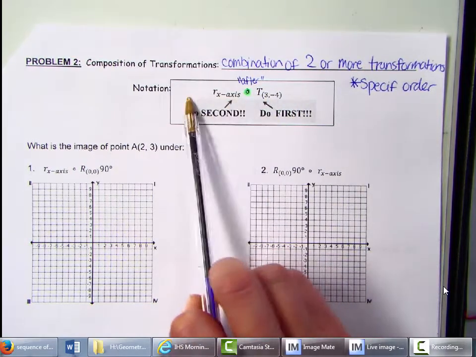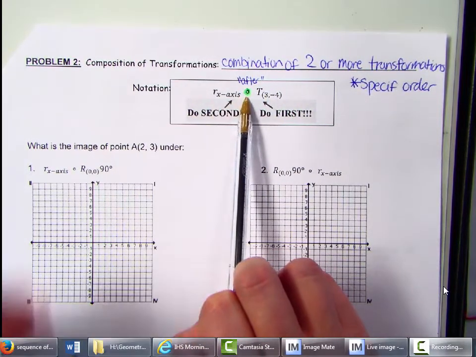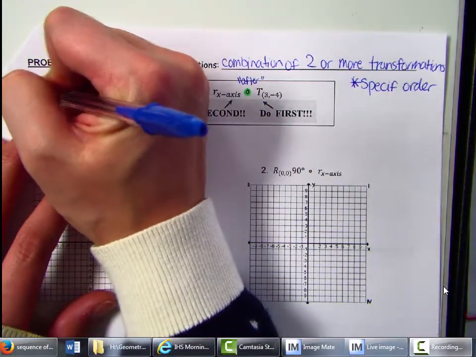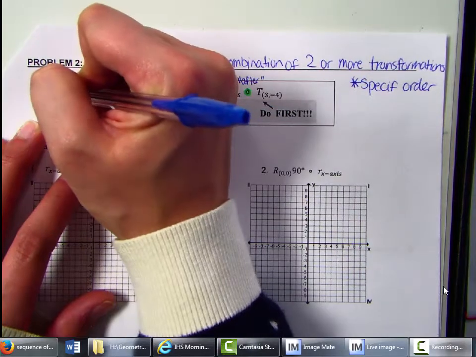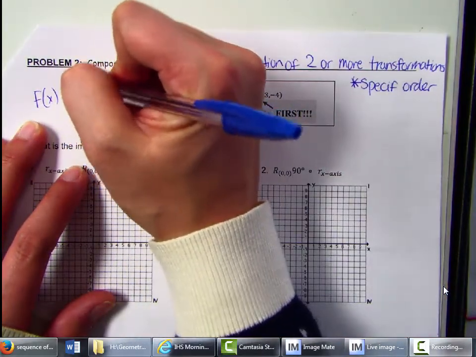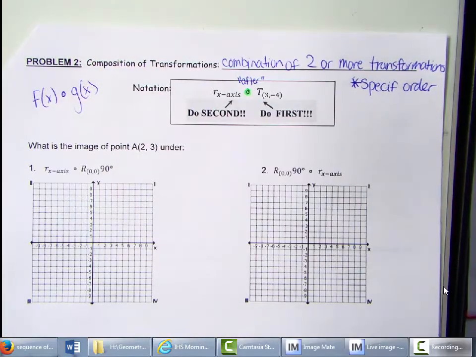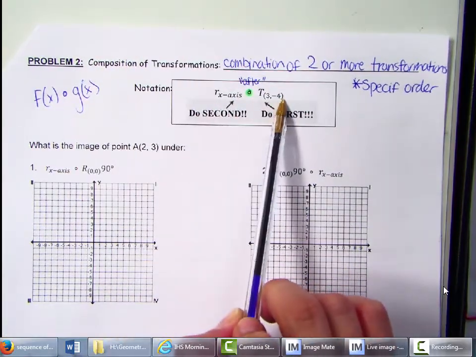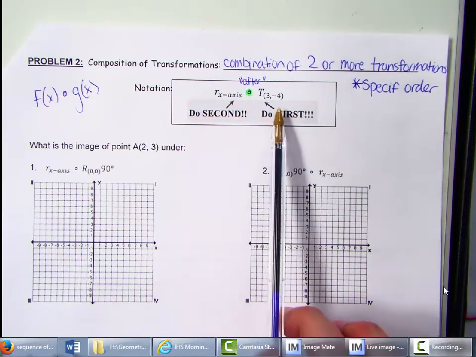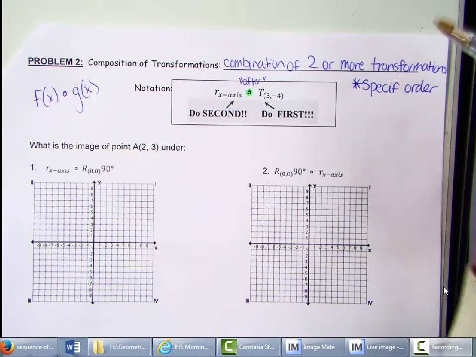You may have seen this notation when you did functions. I believe maybe in algebra you saw this. F of x after g of x. That means you do the second one first. So you just have to remember, if you see a composition, there's a specific order that you have to do.